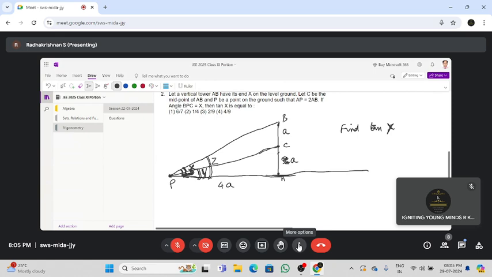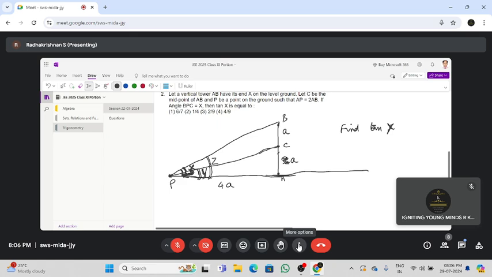I don't want to keep on doing it, I want you people to try. Varshini, tell me. Sir, the answer is 1 by 4. How did you do it? Tell me the steps. Sir, there is 2a on this side and 4a on the other side. If we cancel both, we will get 1 by 2.